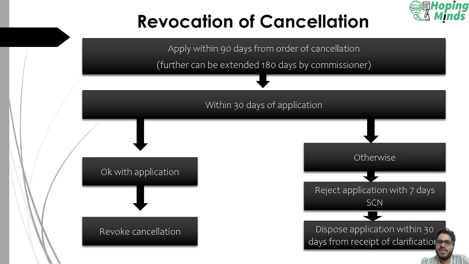Once the revocation application is filed, if the officer is satisfied, he can revoke the cancellation. Or else, if he finds certain deficiencies in the information or the documents, he can issue a 7-day show cause notice, and he has to dispose of the application within 30 days from the receipt of the reply to the show cause notice.